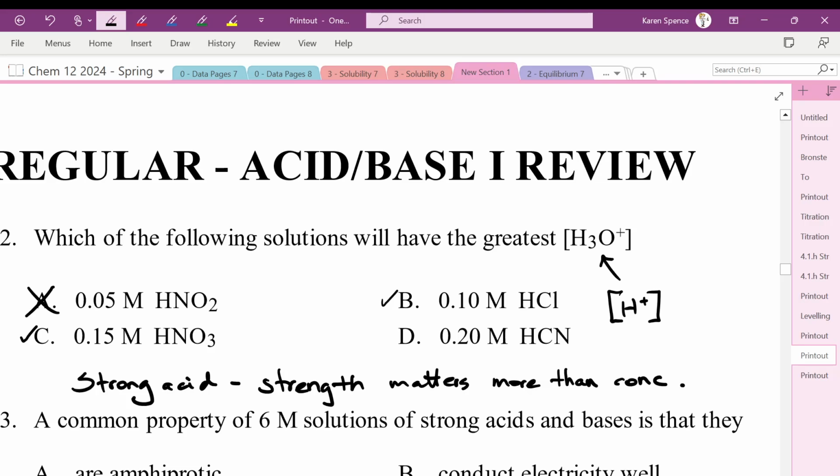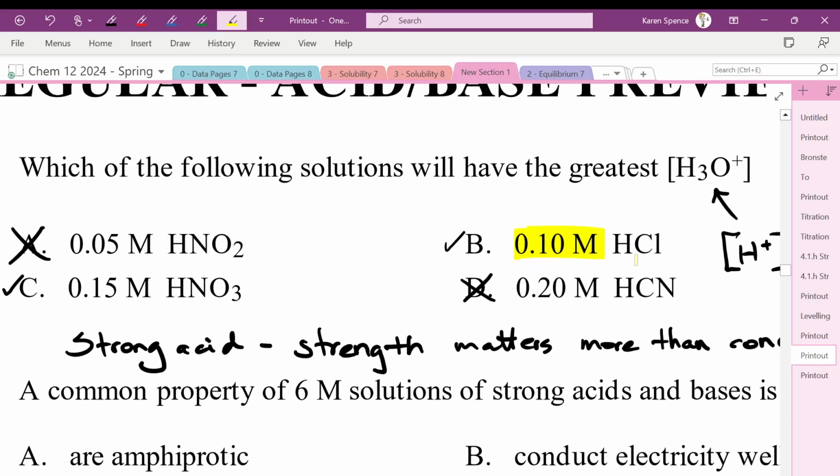And is D a strong acid? No. And you can look those up on your table, okay, if you didn't get that. And now, what's the only difference between these two? We have concentration, so the concentration of HCl is 0.1, the concentration of HNO3 is 0.15, and so that one will have a higher concentration of H+.